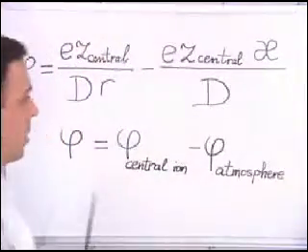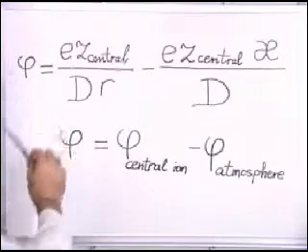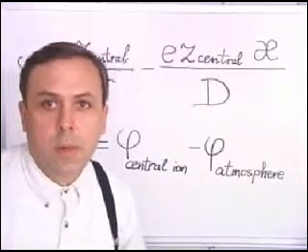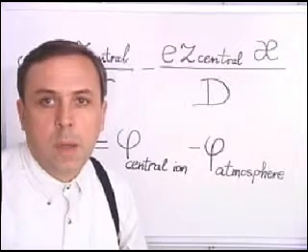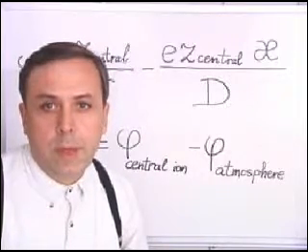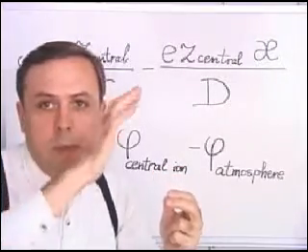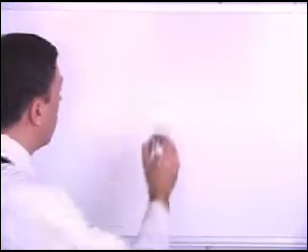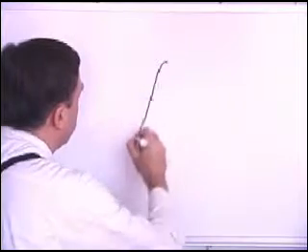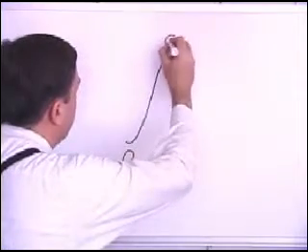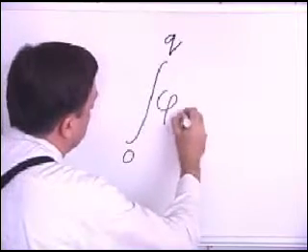Now that we have the formula for the potential phi, we can find the energy of interaction between the ions. This energy will be equal to the energy of charging of the central ion in the electric field of the surrounding ionic atmosphere. Let us have a bunch of charges that create a potential phi at a given point. Then the energy to charge this point from 0 to charge q will be equal to the integral from 0 to q phi dq.